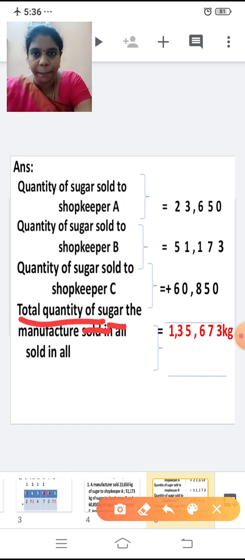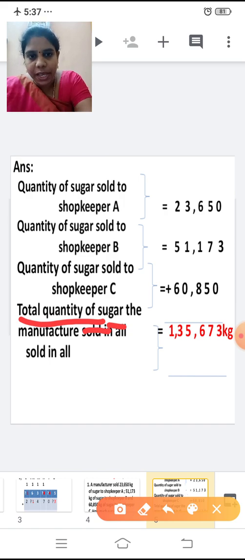In all means we have to add. First, quantity of sugar sold to shopkeeper A, to shopkeeper B, and to shopkeeper C. Now shall we add this now?